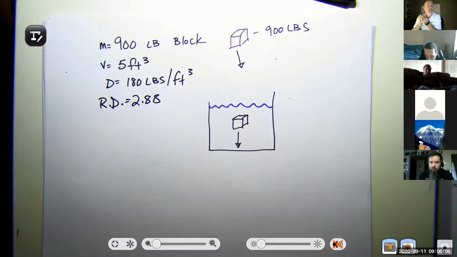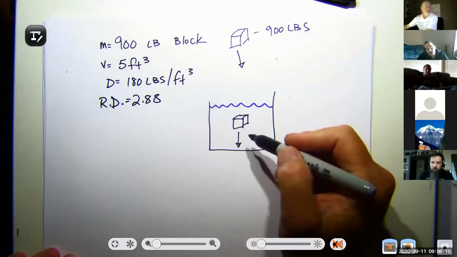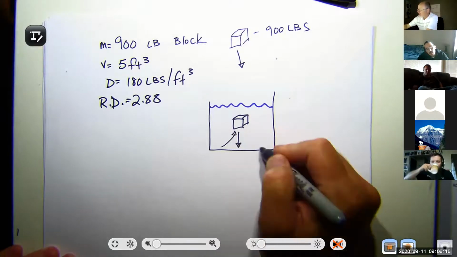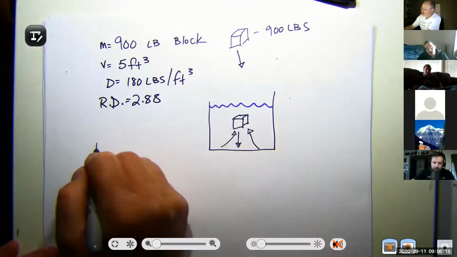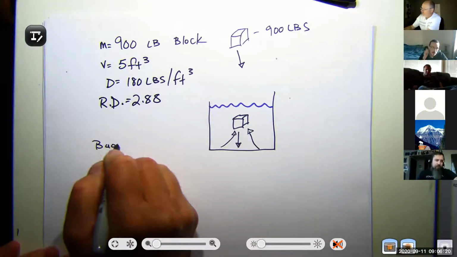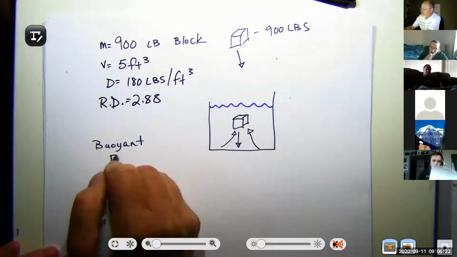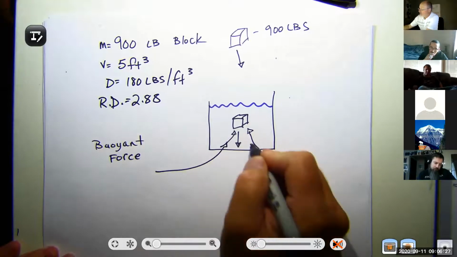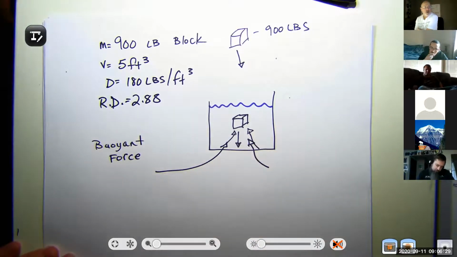So the only way I could do it is in the water, because when an object is submersed in a fluid, it will have a certain amount of what we call buoyant force pushing up on that object. That's why when things are in water, they don't weigh as much. There's a buoyant force pushing up on that.